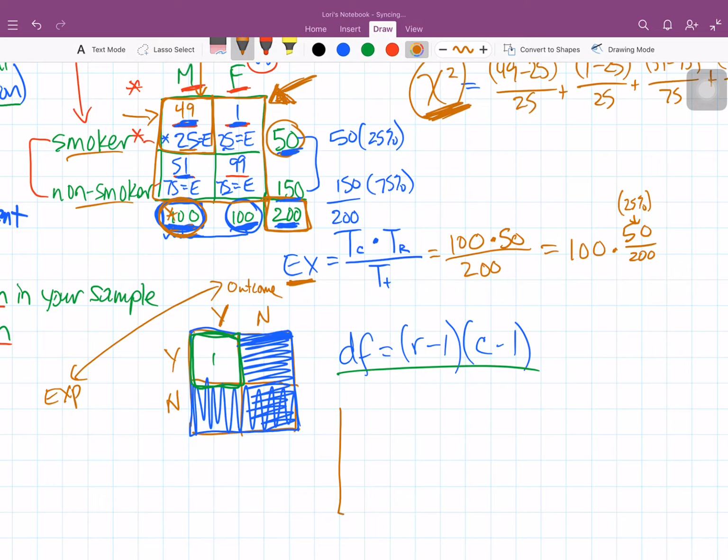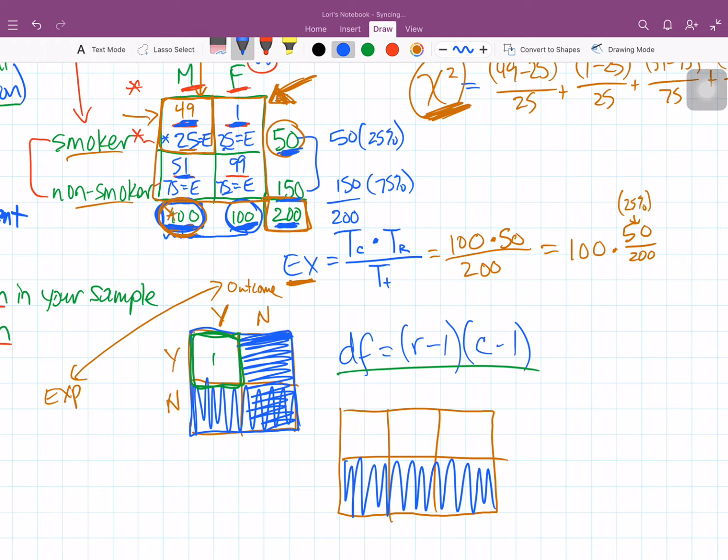So here's another one. I'll make it a little bit smaller. There's a 3x2. So I'm going to either cover up or scribble out the rows and the columns, 1 row and 1 column, so that kind of takes care of this idea, the minus 1, minus 1.